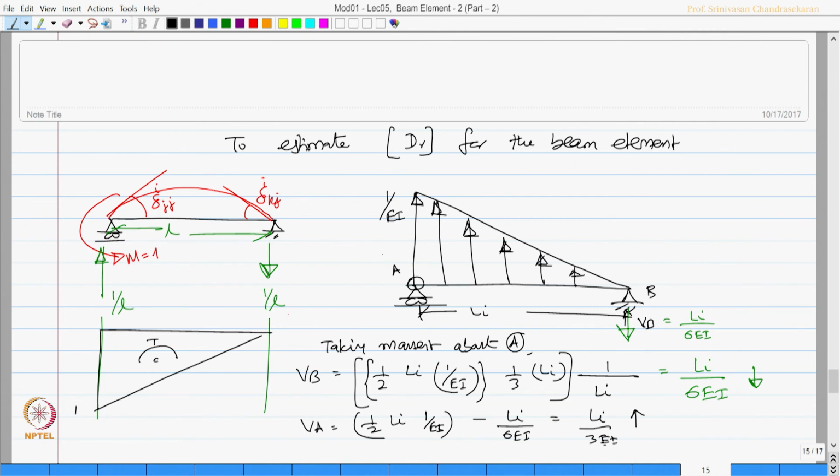So, this value is going to be Li by 3EI. Similarly, one can do for the other case and see that this matrix is derived simply as L by 3EI, minus L by 6EI, minus L by 6EI and L by 3EI.